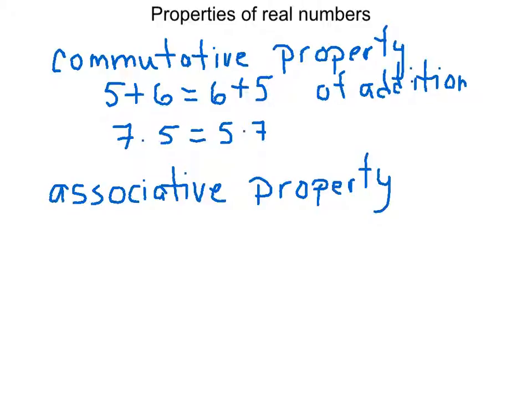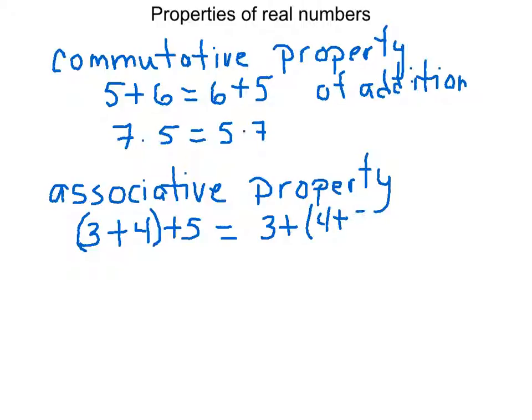So we know that 3 plus 4 plus 5, if we put parentheses around the 3 plus 4, is going to be exactly the same as 3 plus, and then in parentheses, 4 plus 5. Because it's addition all the way through, it doesn't matter where you put those parentheses, it's still going to be equal. So that's the associative property of addition. Again, when you associate with people, you're in the same group, think parentheses, so that's one way to remember it.